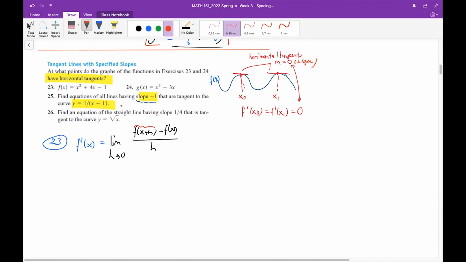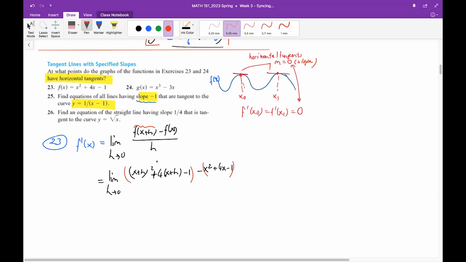Instead of x, we will be writing x plus h. So let me write here. x plus h squared plus 4 times x plus h minus 1, minus f of x itself, x squared plus 4x minus 1. Okay.